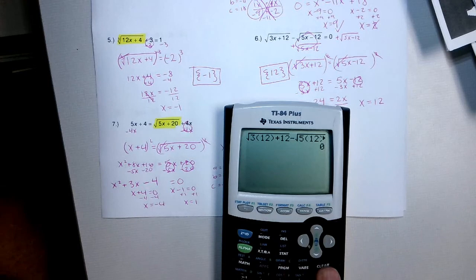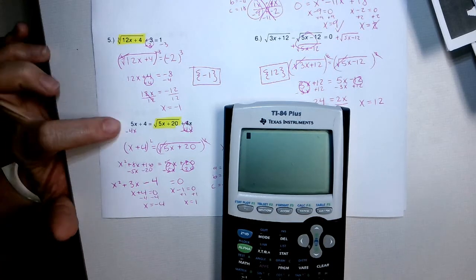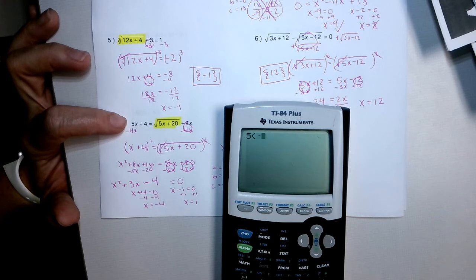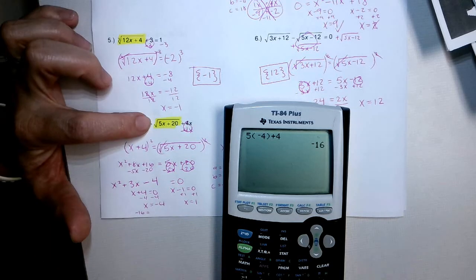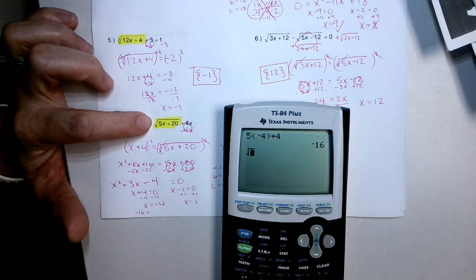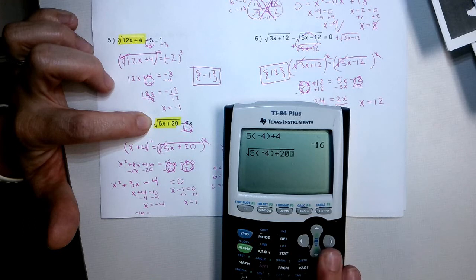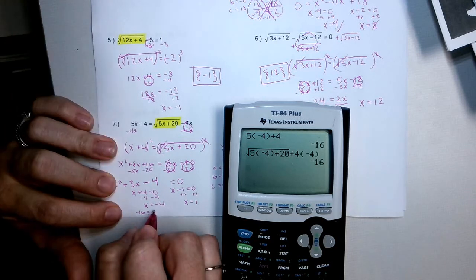Now, this has an x on both sides, so we're going to have to plug in x on both sides. So on this one, 5 times negative 4 plus 4 gives me negative 16. And on the other side, I have square root 5 times negative 4 plus 20 plus 4 times negative 4. That gives me negative 16. Did it work?